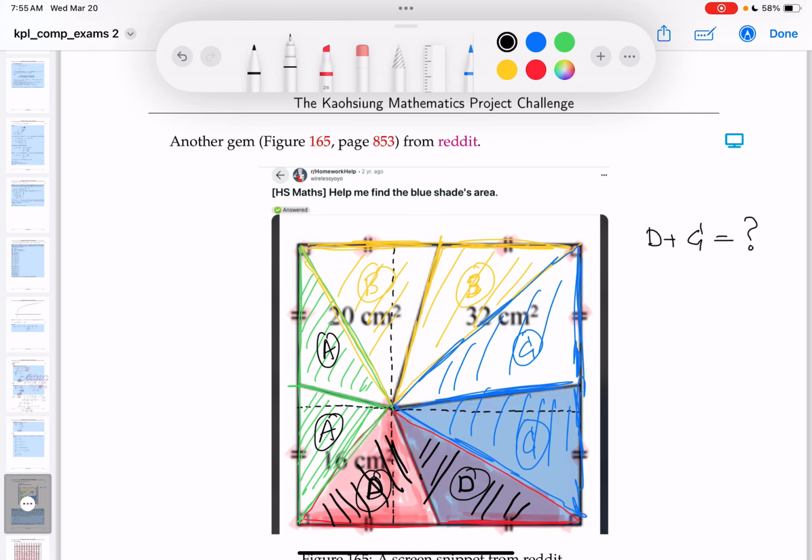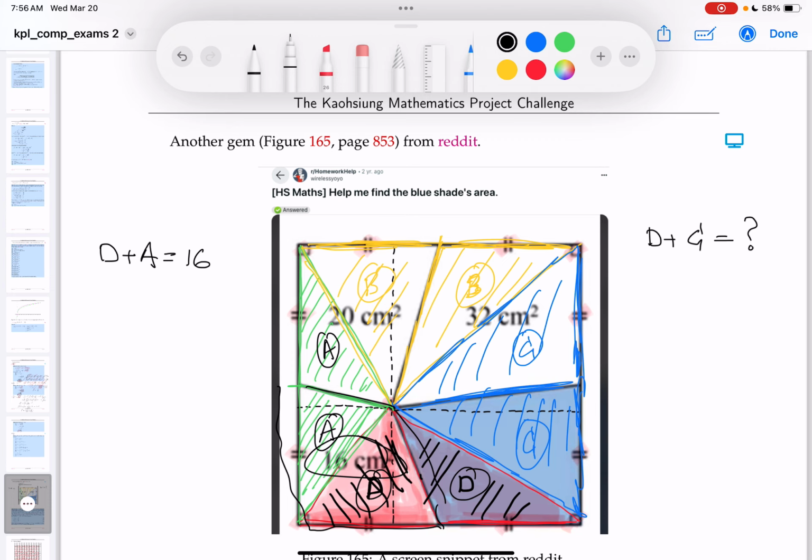But what I do know is that D plus A, I'll write this on the side for you, is equal to something. Again, I did hack the picture up somewhat, but I'm looking at it, and this area over here is 16.